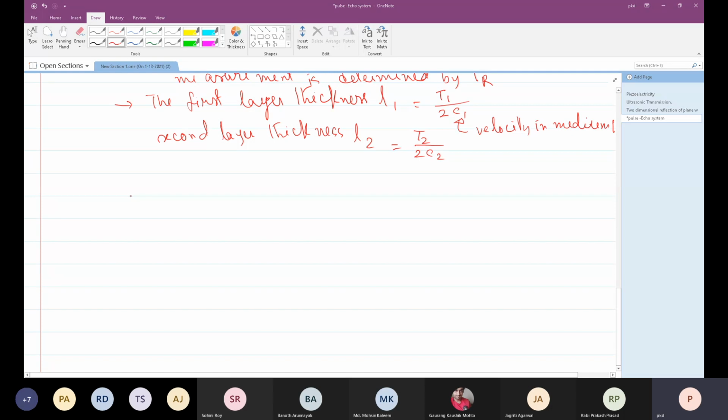So this system, of course, can also be modified using a frequency modulated continuous wave system.